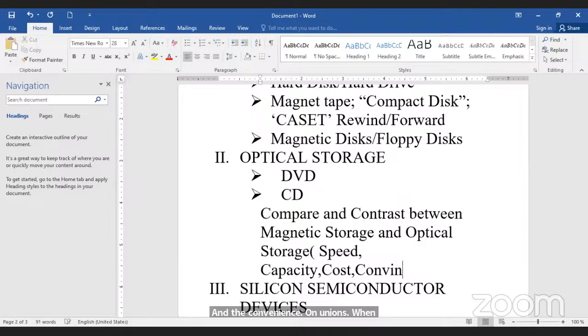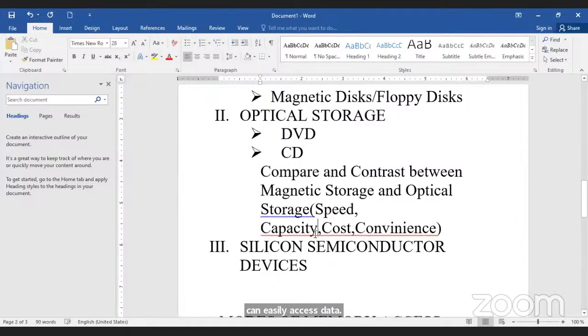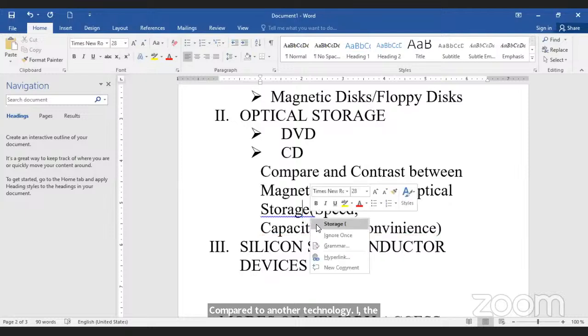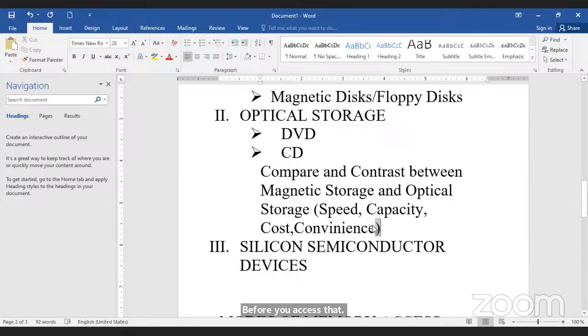Convenience means how you need to keep the storage, and also how you can access data. You realize that with one technology, you can easily access data compared to another. Another technology needs you to scroll one at a time from one region to another before you access data. Then with another technology, you just need to select by the click of a mouse.